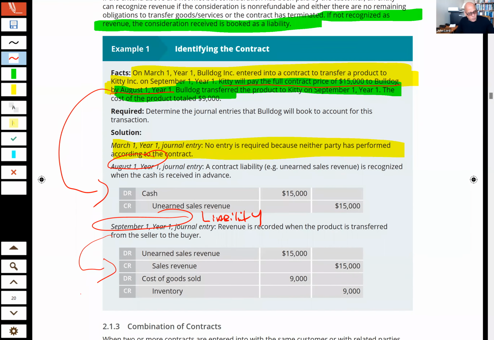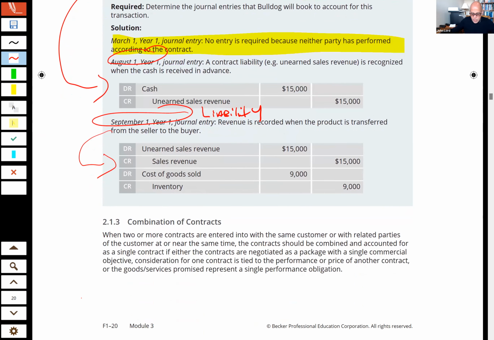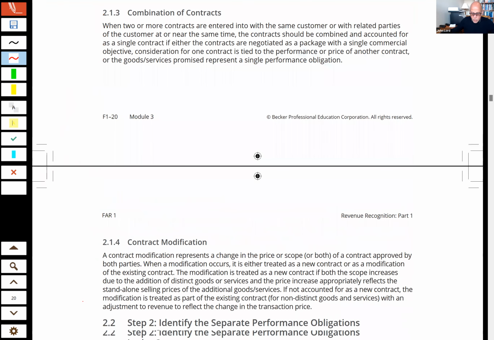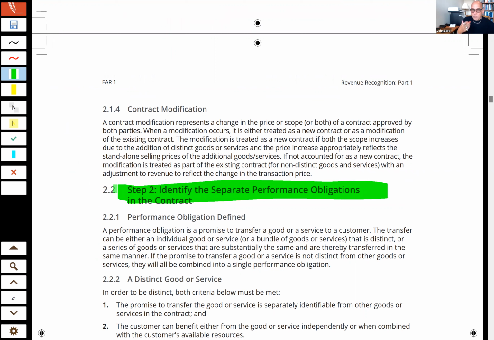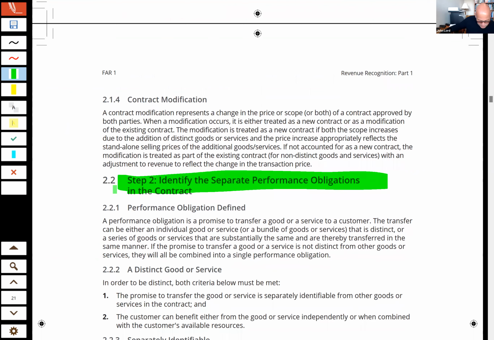Okay, good. So I come over now and they tell us, well, then you have to figure out what the performance obligations are, okay? And it could be one performance obligation, or it could be what? More than one, okay? So let's go ahead to the example.